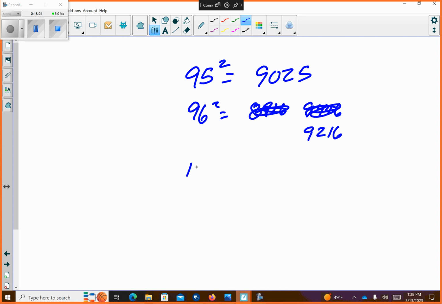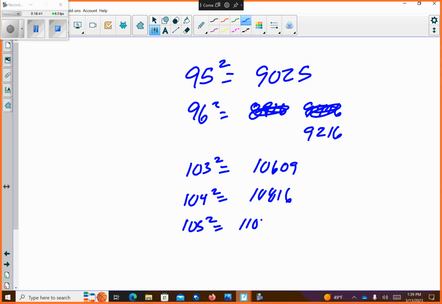What about this one? I get it? So the trick on this is you take the last digit and you square it, and you say how far away from 100 am I?